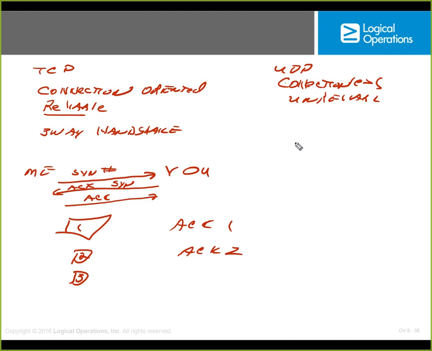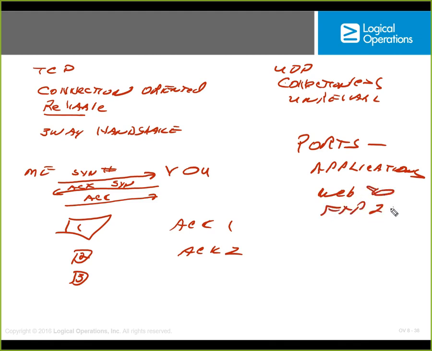The two different protocols that allow us connectivity when we do this, TCP and UDP, both have port numbers. And the ports are associated with applications. The applications here are things like web servers, port 80, FTP, File Transfer Protocol, 21, DNS, Domain Name Server, port 53, DHCP, Dynamic Host Configuration Protocol, to give us IP addresses, 66 and 67, I think.